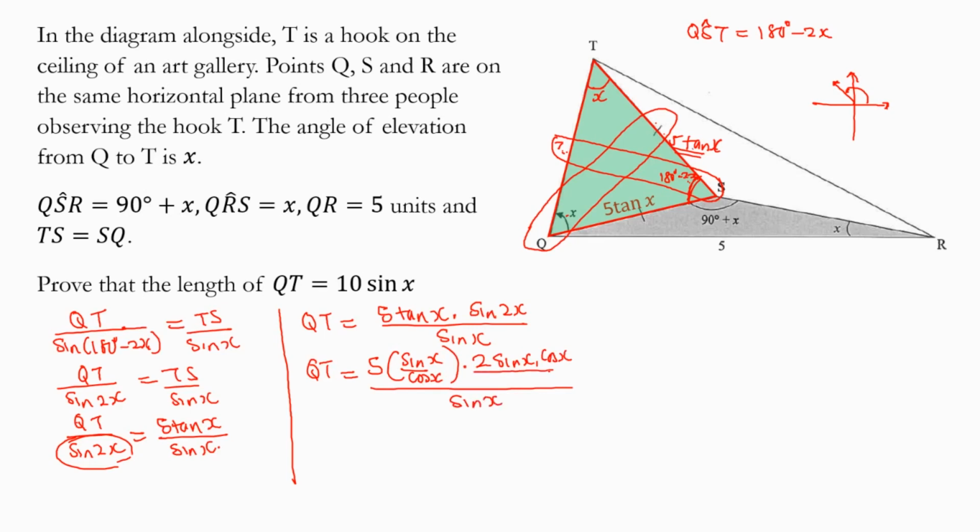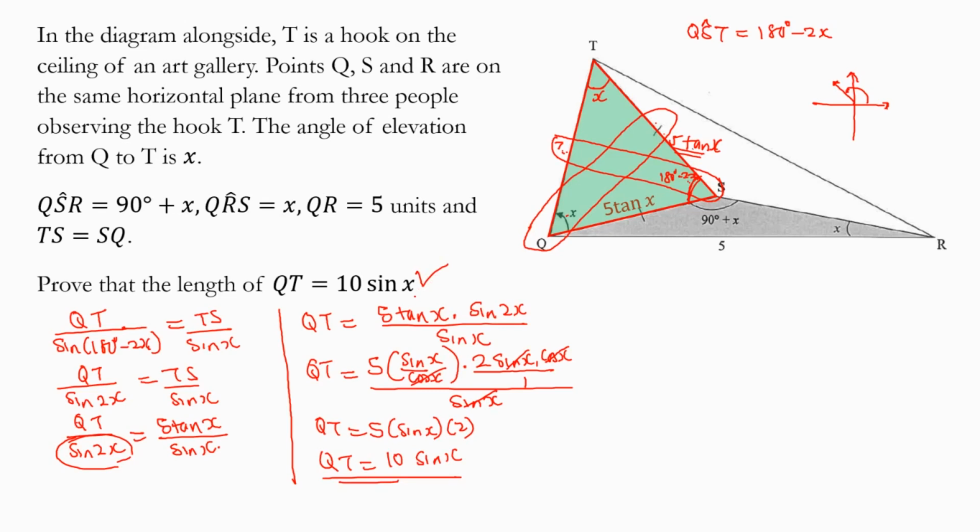Cos x divided by cos x is 1, and sine x divided by sine x is 1. What are we left with? QT is equal to 5 times 2 sine x, which is QT equal to 10 sine x. We have proved that QT is equal to 10 sine x using the sine rule.